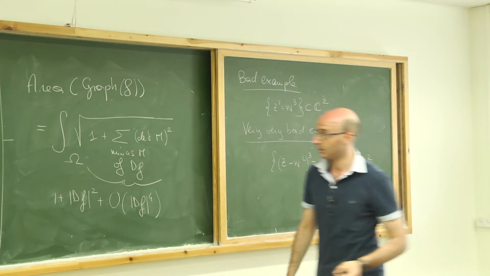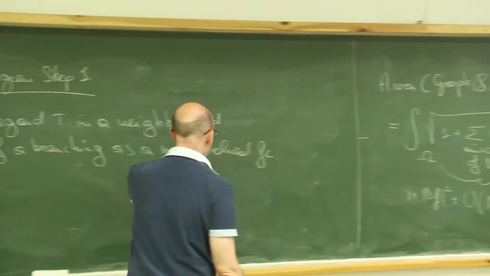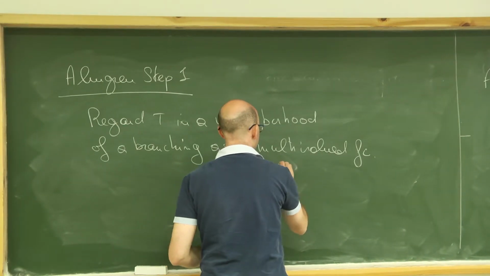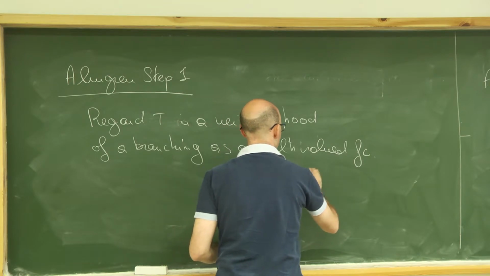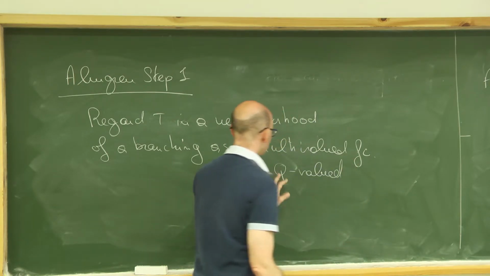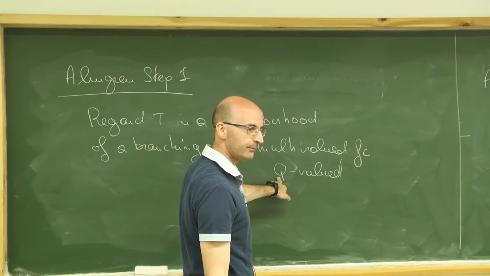Okay? So not only is it multi-valued, but with a fixed number of values, which for historical reasons we will call Q.